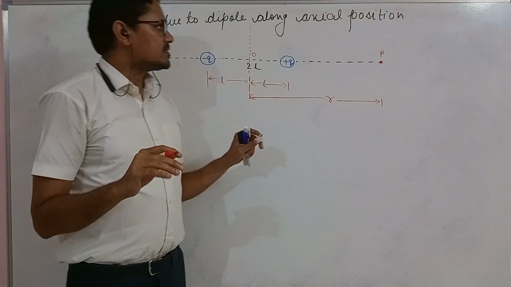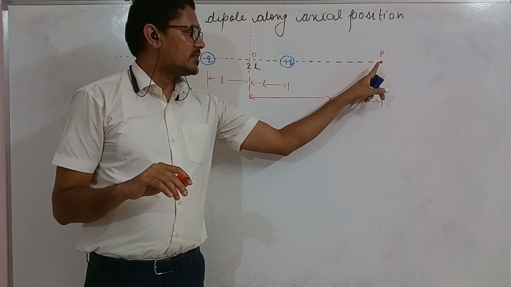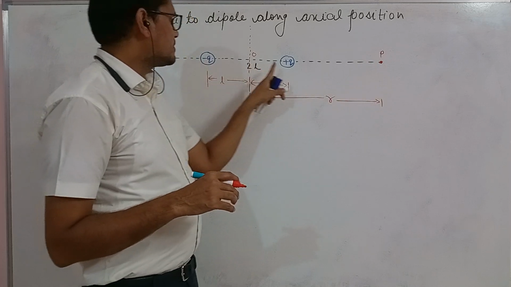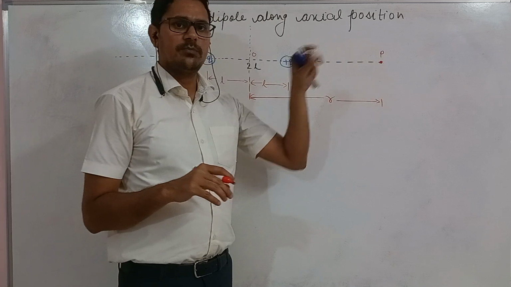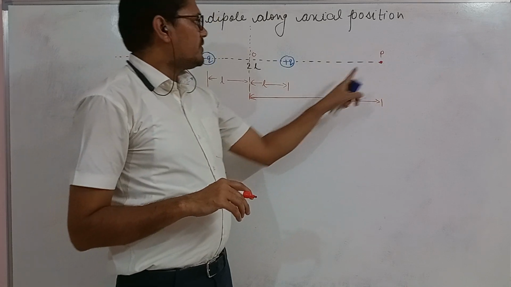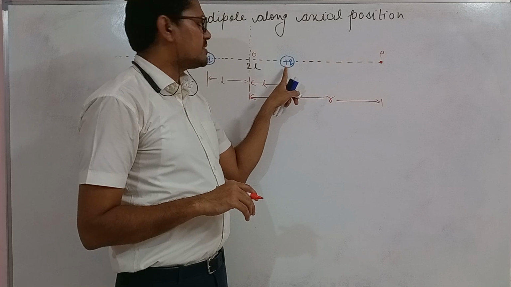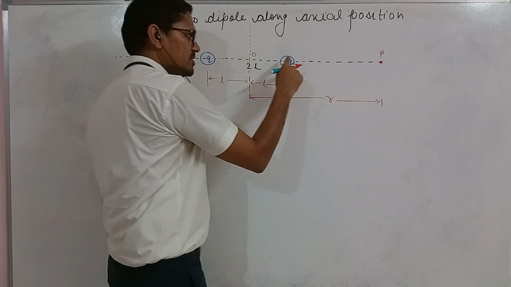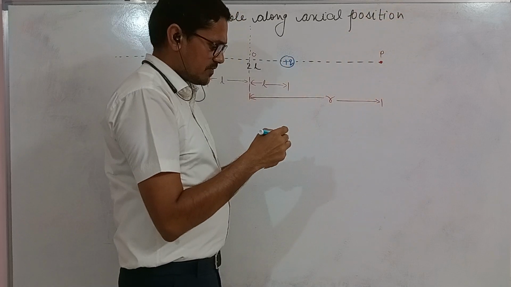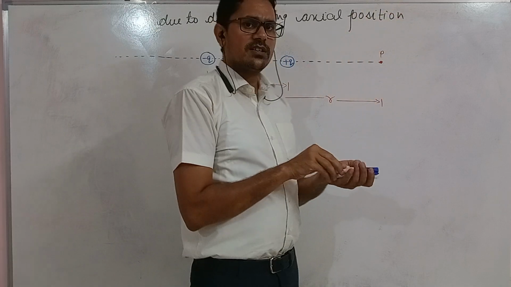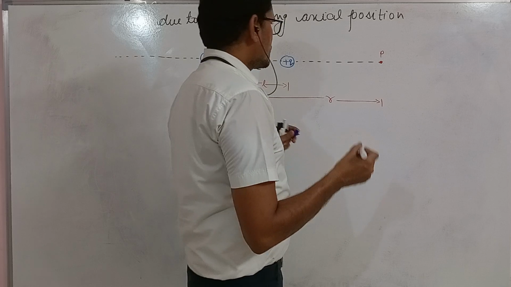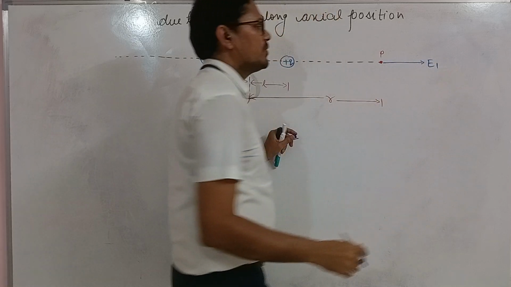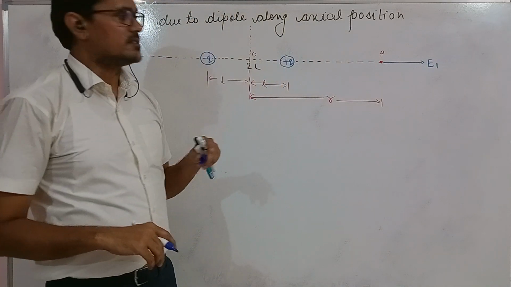Fine, let's discuss the direction and the amount of electric field due to this positive and negative charge particle at point P. At point P, the electric field produced by this plus Q charge would be rightward, because the electric field due to a positive charge goes away from it. Let us consider that the plus Q charge produces an electric field E1, acting in the right hand side direction.